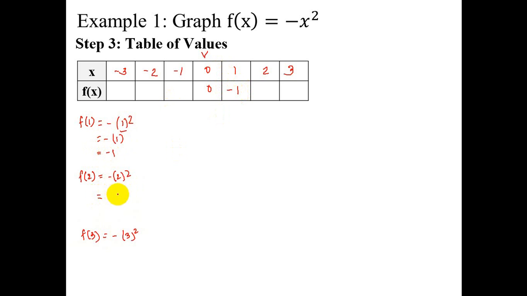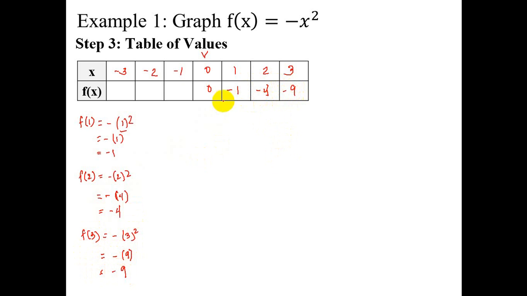Next, 2 times 2 is 4. Times negative 1, it is negative 4. Therefore, f of 2 is also a negative integer, which is negative 4. Next, 3 times 3 is 9. Bring down, 9 times negative 1 is negative 9. You have to take note that the parabola is symmetrical.